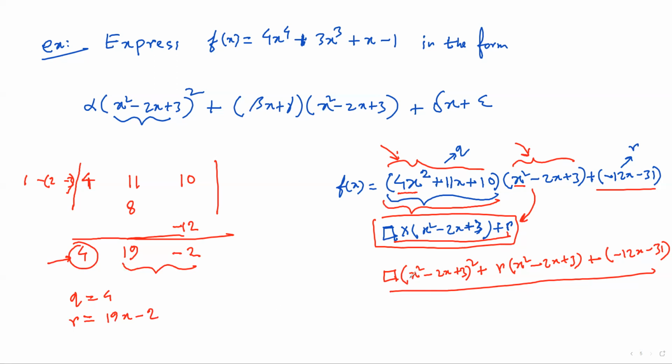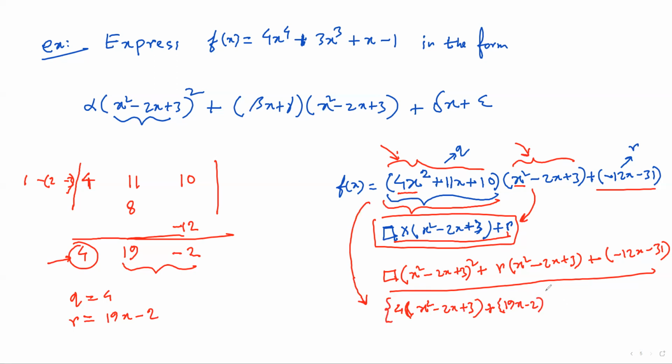So now we have to do the replacement here. So we now know what should be replaced. So we have 4x square plus 11x plus 10 to be replaced by 4 times x square minus 2x plus 3 plus, as a remainder, 19x minus 2.